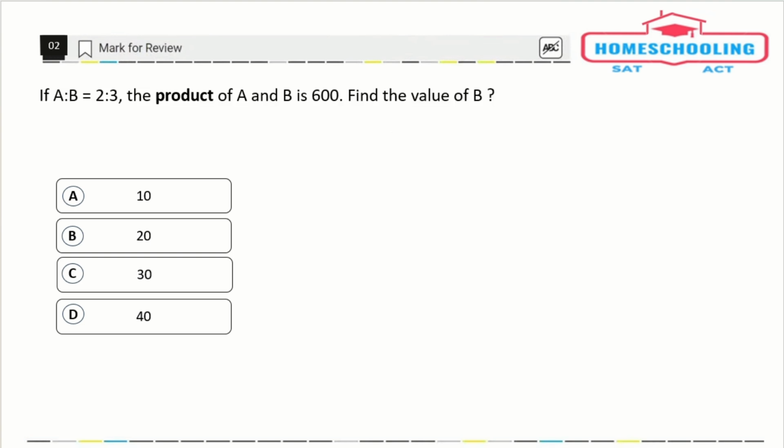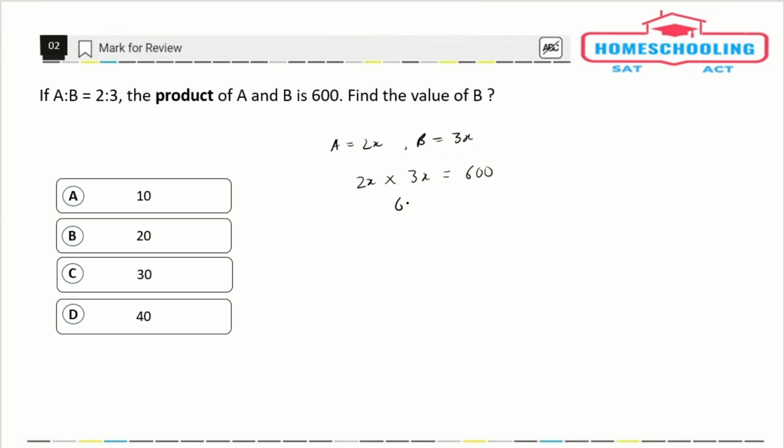Now moving to the next question. It says that if A is to B is 2 is to 3, the product of A and B is 600. Find the value of B. We'll follow the same steps again. Let A be 2x and B be 3x. The question says the product of A and B, so 2x into 3x is equal to 600.